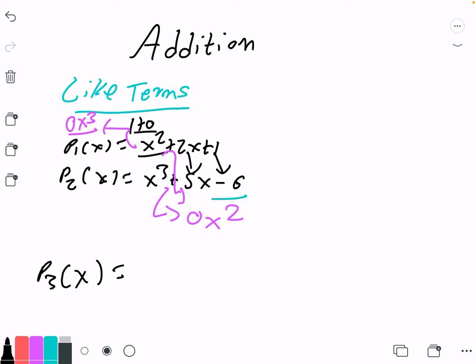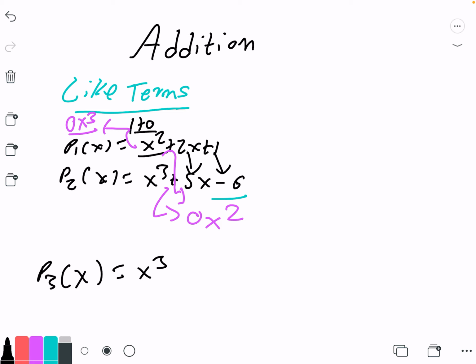Let's go by highest degree to lowest degree, because that's usually how we write these things. From left to right, we'll write the highest degree terms first. So from P1, we have 0x cubed, and in P2, we have x cubed. So 0x cubed plus x cubed is the same thing as 0 plus 1. It's just x cubed.